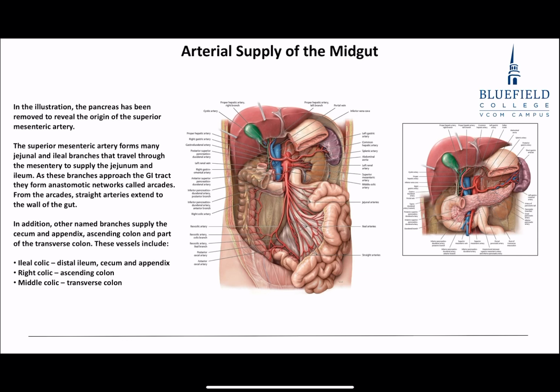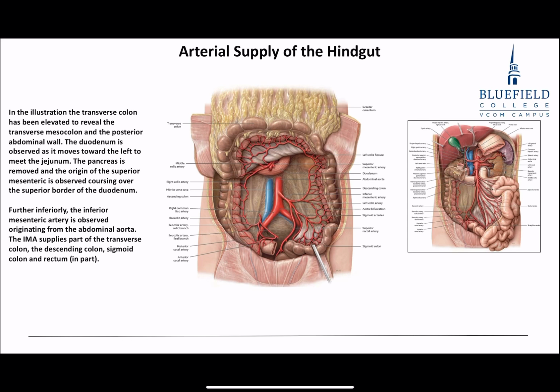And then there are sigmoid branches that go through the sigmoid mesocolon and supply the sigmoid colon. There's also a superior rectal artery that's disappearing down into the true pelvis, and of course that's going to supply the rectum. The rectum has some other arteries that I'm not going to tell you about right now just because it gets too complicated, but superior rectal coming from the inferior mesenteric artery is a major supply to the rectum.